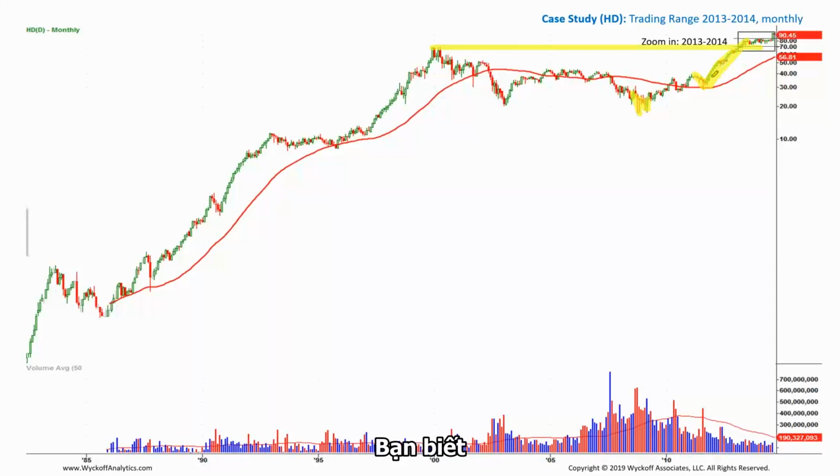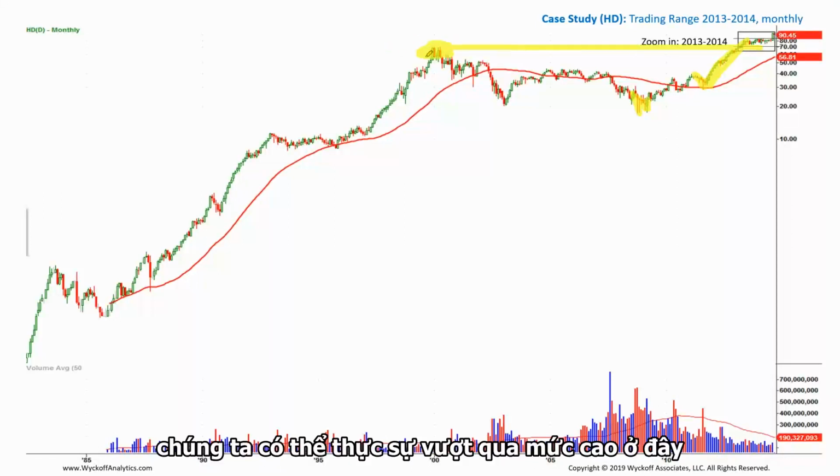And you know, the stock requires such behavior by institutions where they're seeing aggressive buying, and that would suggest that if we're going to have the rally, we might actually overcome the high here.